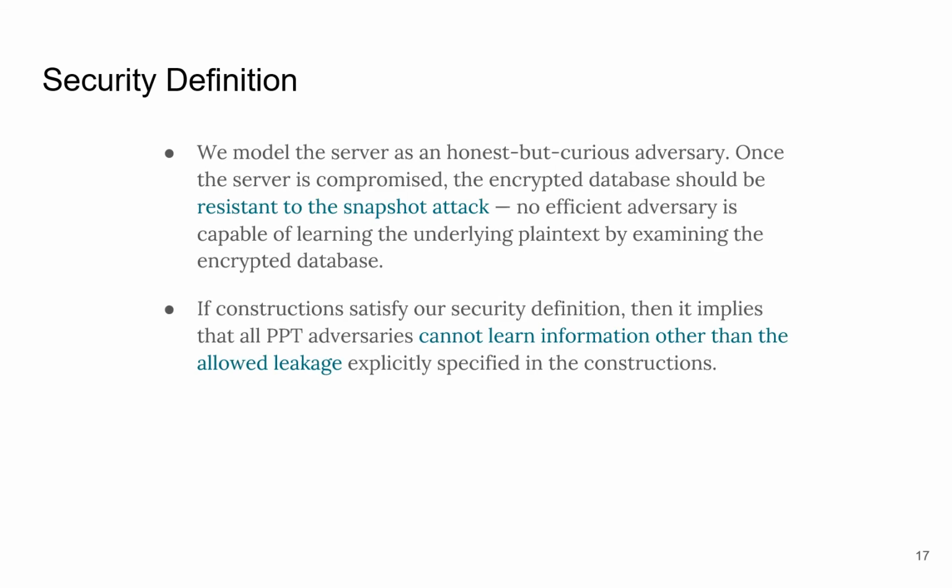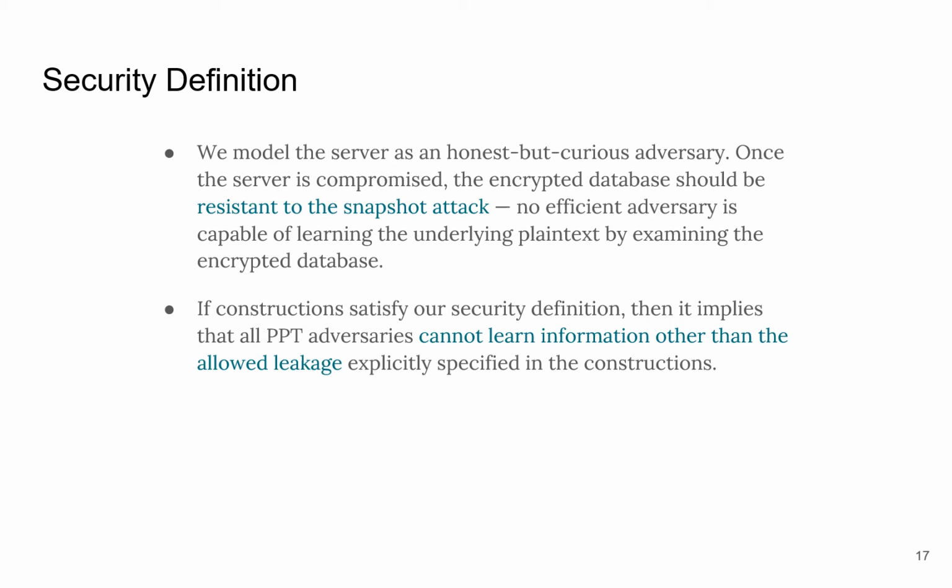Next, the very crucial part, we need to define the security sufficient for practice. We model the server as an honest but curious adversary. Once the server is compromised, the encrypted database should be resistant to the snapshot attack. Namely, no efficient adversary is capable of learning the underlying plaintext by examining the encrypted database.